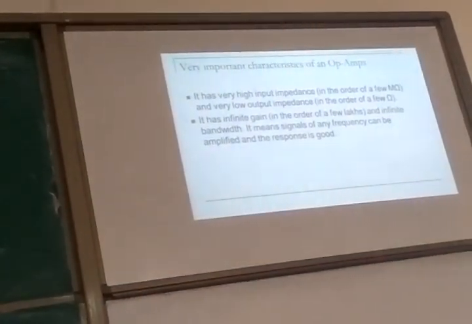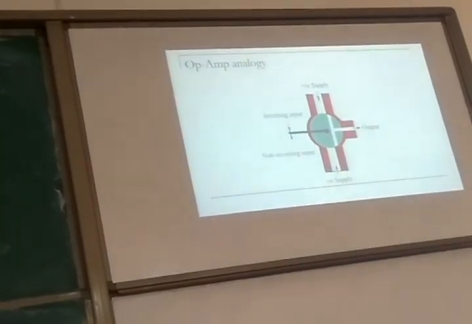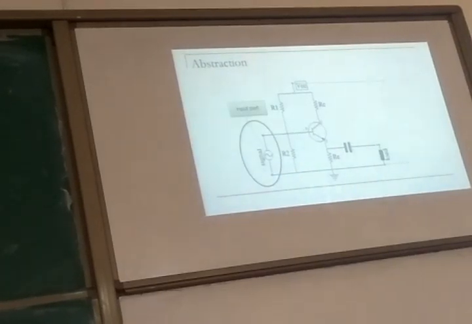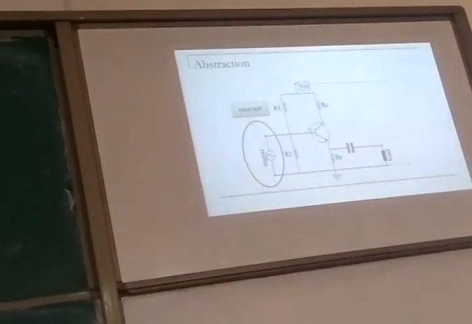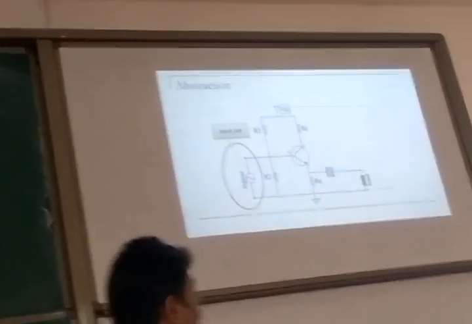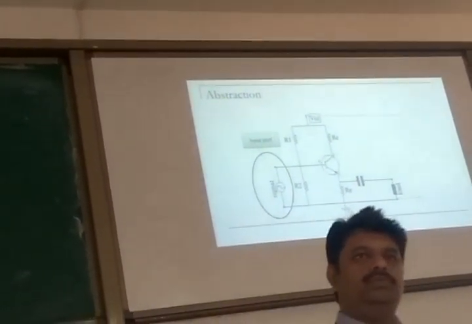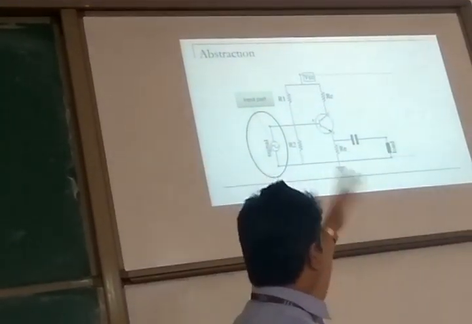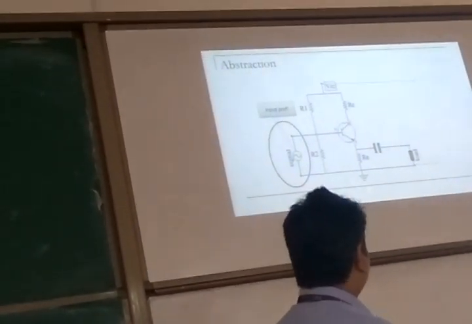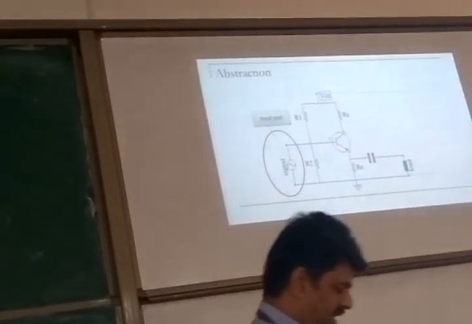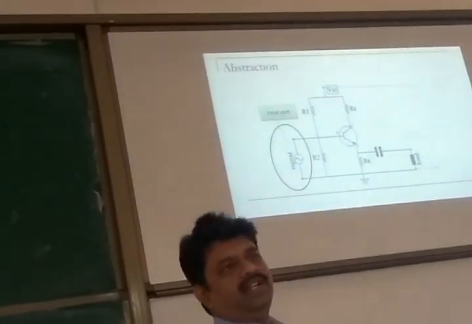What did they do? They took a normal amplifier, and then they abstracted it. What is meant by abstraction? You just look at it as a concept. You have a lot of components, a lot of circuits, but finally, what I do is take two wires and connect them. So I need a place to connect it.